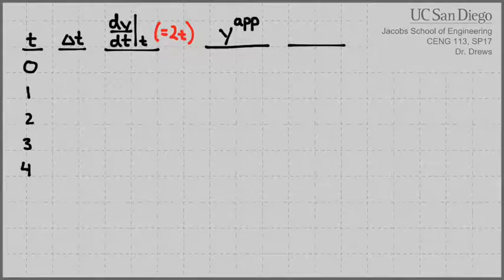We'll compare that value of y to the exact value. Normally, we're not so lucky that we can actually compare it to an exact value, but we have a nice toy differential equation here that we actually have an exact solution to. So remember, the exact solution is supposed to be t squared. So the very first line we can skip. Why can we skip the first line?